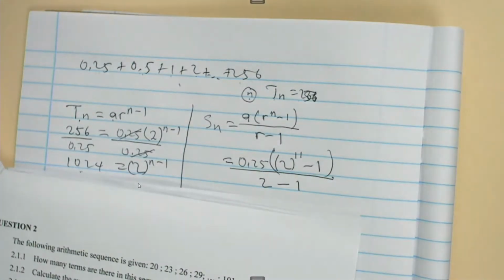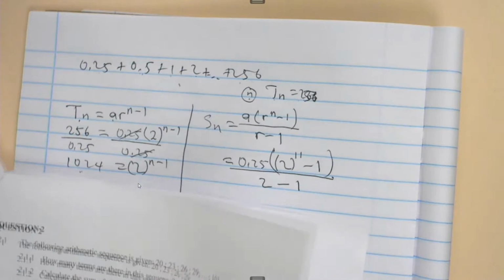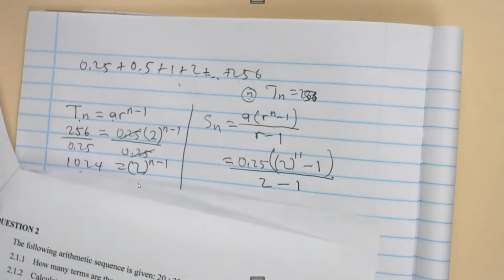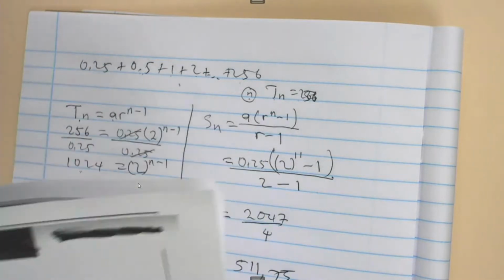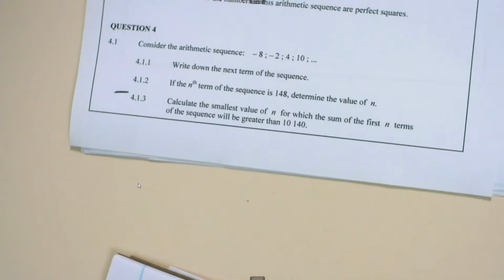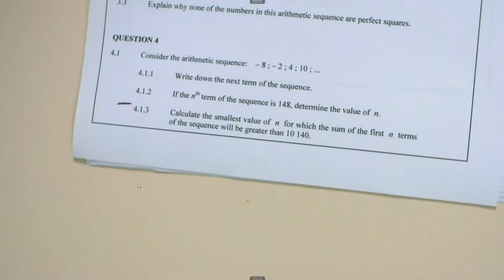Let's check the first one that we have under the sum. The first question would be question 4.1.3. That's how these questions are examined in an exam.